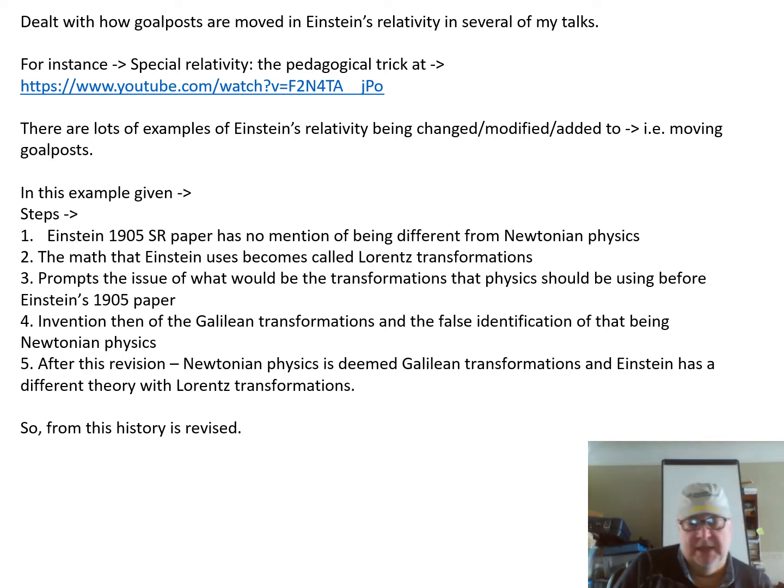The next step, the maths that Einstein uses becomes called Lorentz transformations, and that prompts the issue of what would be the transformations that physics should be using before Einstein's 1905 paper. That then leads to the invention of the Galilean transformations and the false identification of that being Newtonian physics. After this revision, Newtonian physics is deemed Galilean transformations, and Einstein has a different theory with Lorentz transformations. So history gets revised.